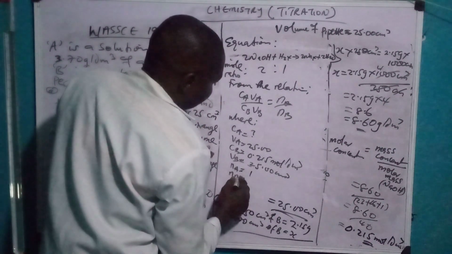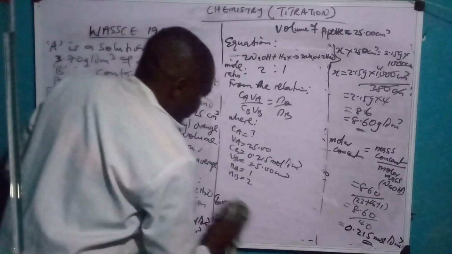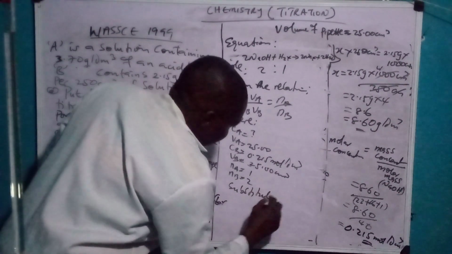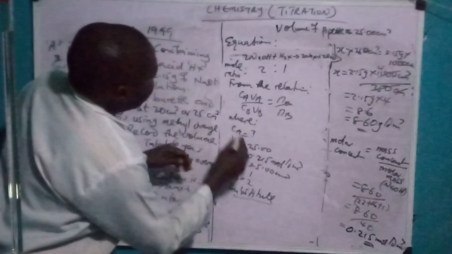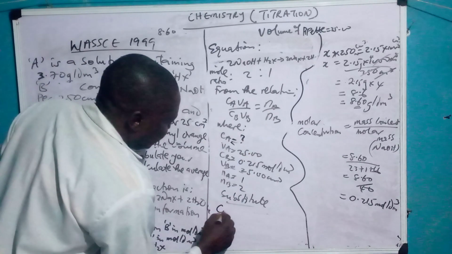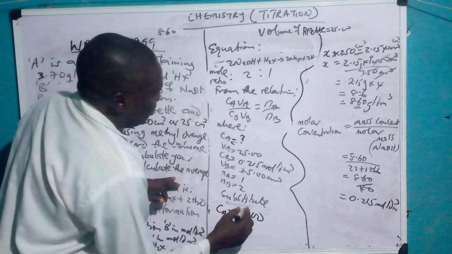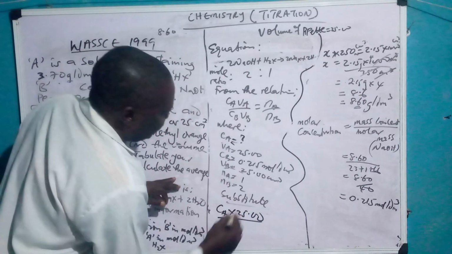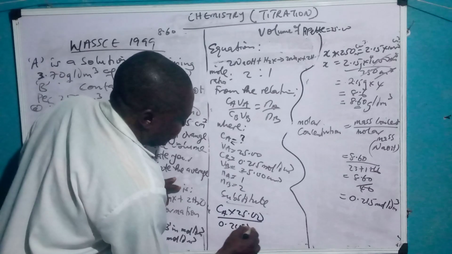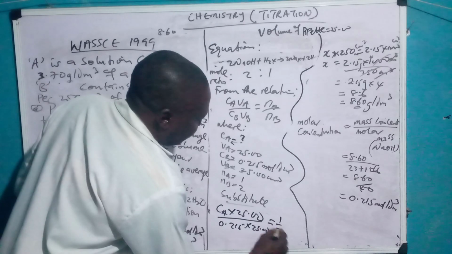NA is 1 and NB is 2. The next thing you say, substitute. CA times 25.00 over 0.215 times 25.00 equals 1 over 2. Sorry, remove the unit.